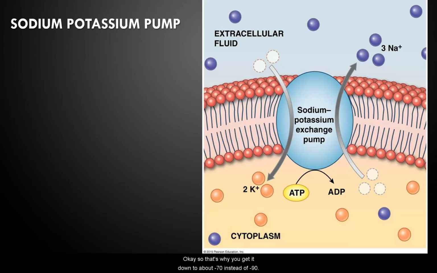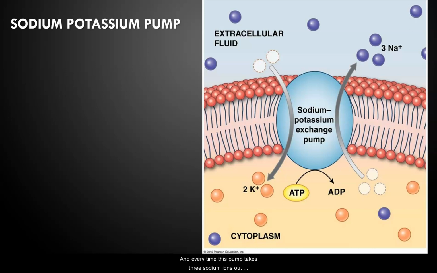Okay, so that's why you get it down to about negative 70 instead of negative 90. Now, this leak is happening all the time. So to combat this, the cell uses a lot of energy to power these sodium-potassium pumps.